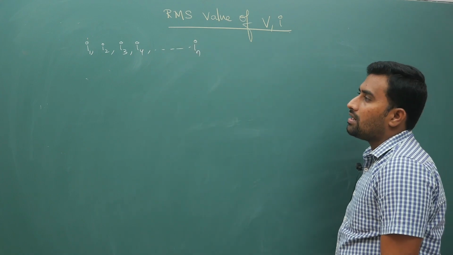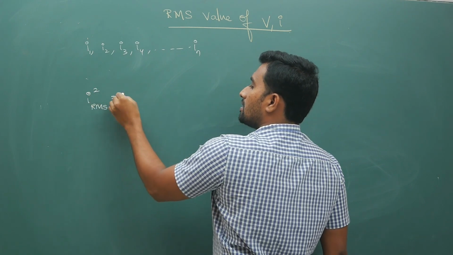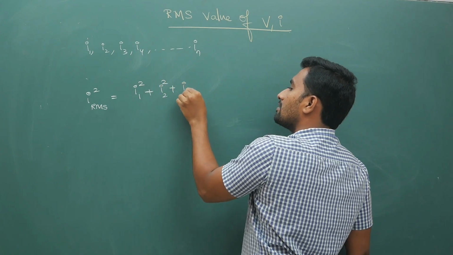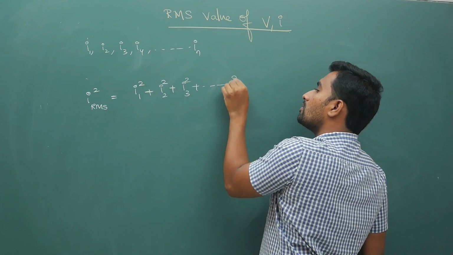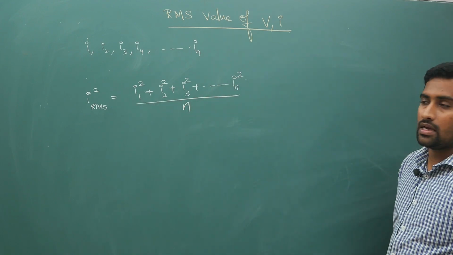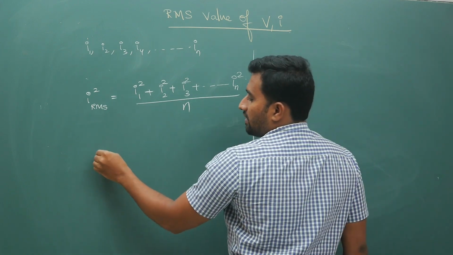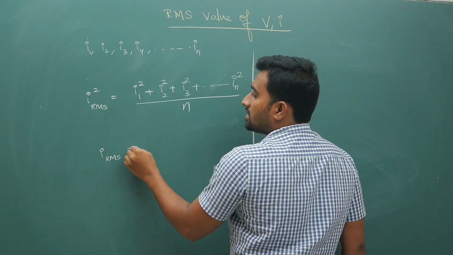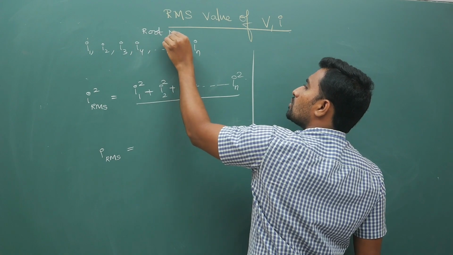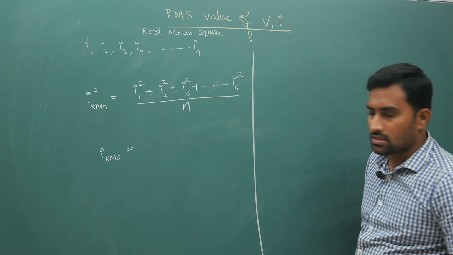Your I RMS square is I1 square plus I2 square plus I3 square plus so on up to IN square, by N. That is the sum of squares of terms by N. So when individual values are given, RMS means root mean square, the square root of the mean of the squares.